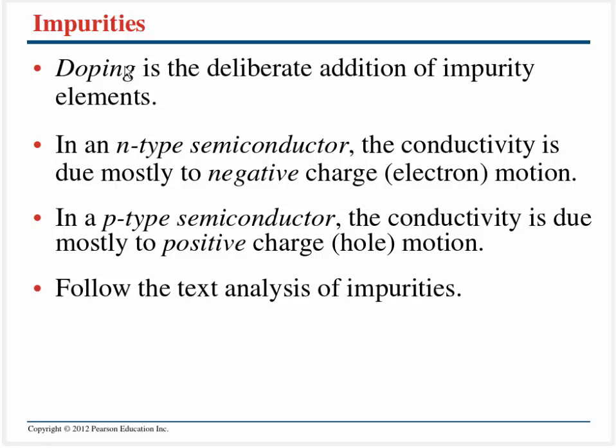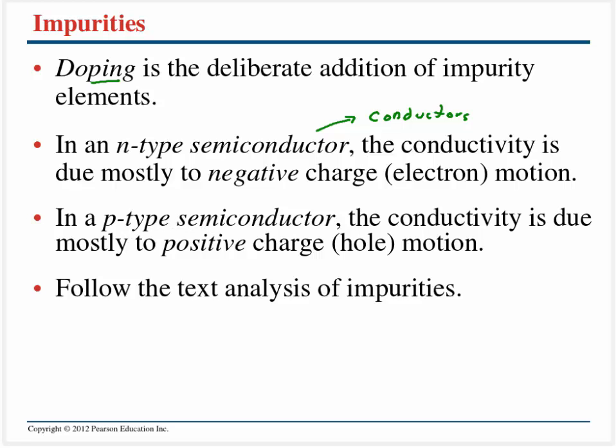What we can actually do is add some impurities to our semiconductors to force them to behave more like an N-type or a P-type, and this is called doping. Now, with an N-type semiconductor, what we're trying to do is move electric charge, and so these guys tend to be really good conductors of electricity.